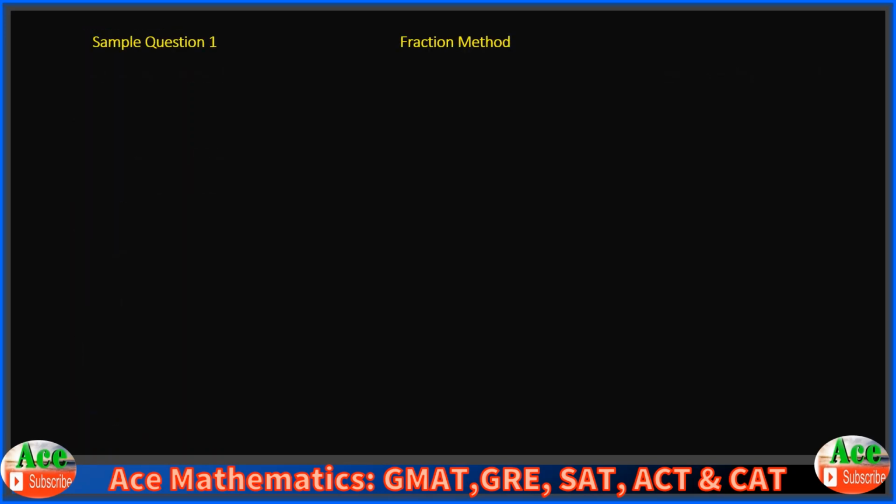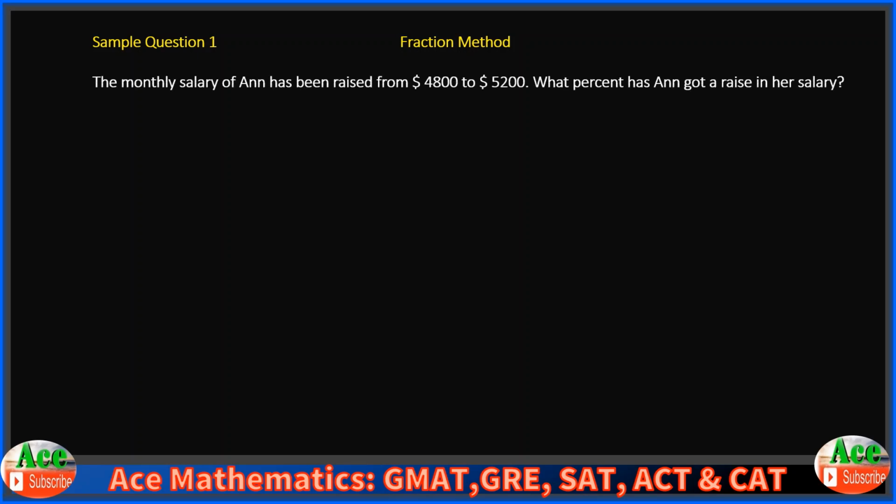Fraction method. You could save time to solve this problem by using the fraction method. Solution. The difference in the two salaries is 400, that is 5,200 minus 4,800. This increase is on the base or original value, that is 4,800.